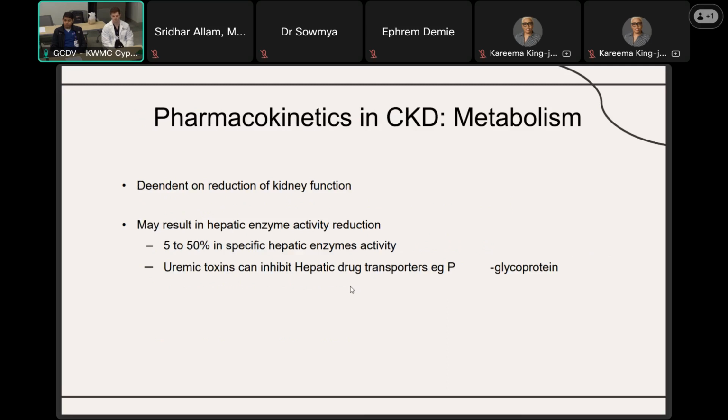And depending on the particular enzyme in question, hepatic enzyme activity can be reduced by as much as 5 to 50%. So even if the medication is metabolized by the liver, the uremic toxins can inhibit the hepatic metabolism, especially if they're dependent on P-glycoprotein. So in kidney disease patients, even for medications that are metabolized, we sometimes have to check the level of those medications to monitor for toxicity effects.